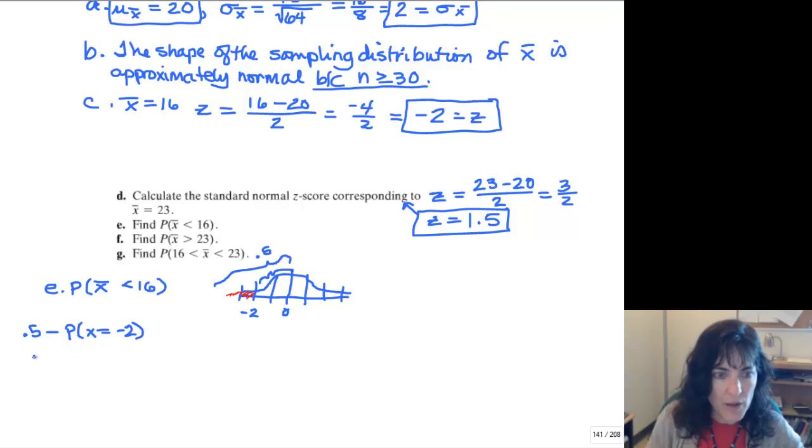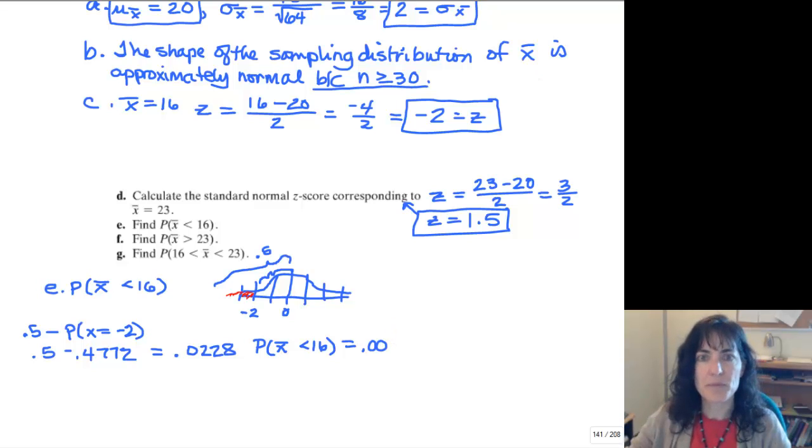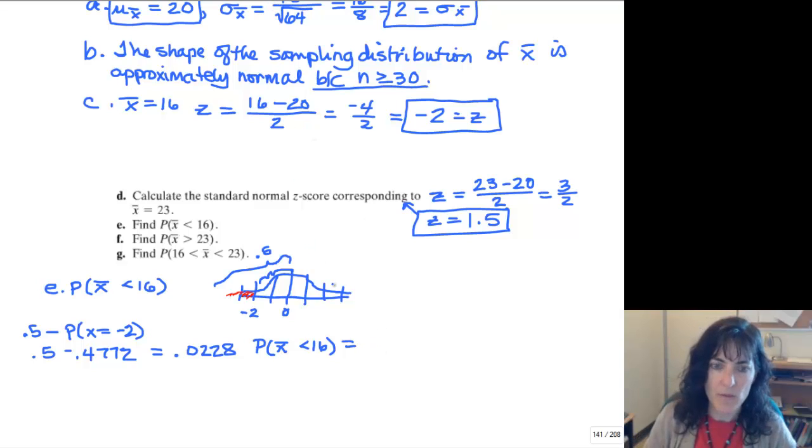And when I look that up, I get 0.5 minus 0.4772, which equals 0.0228. So the probability that x bar is less than 16 equals 0.0228.